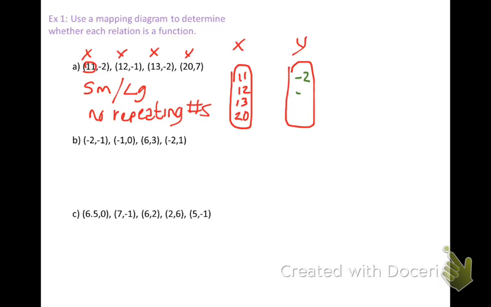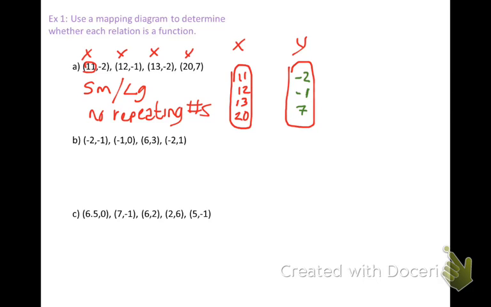Then I have a -1. I have another -2, but I already have a -2 on the y, so don't redo it, just leave it. And then you have 7. It's okay if you have fewer numbers in one than the other. That's not a problem.